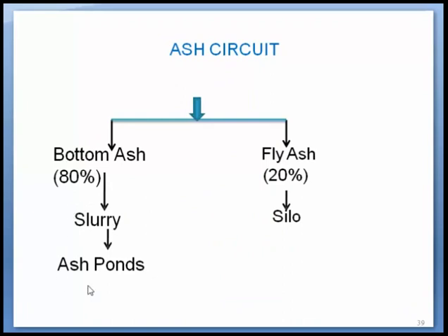It is sent to the ash ponds. The fly ash, which is collected in the ESP, is finally taken to the silos, and from there it is sent to various industries like the cement industry or for making bricks.